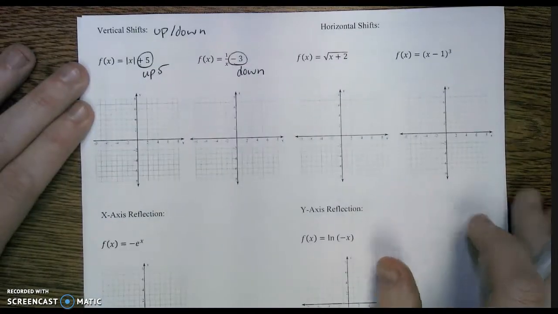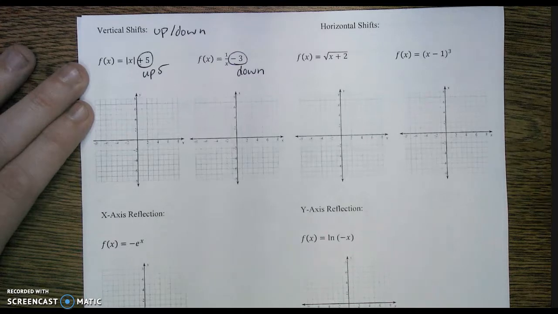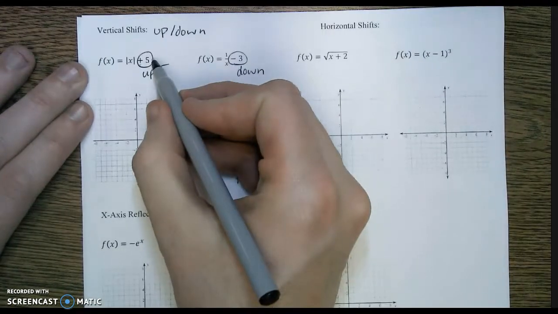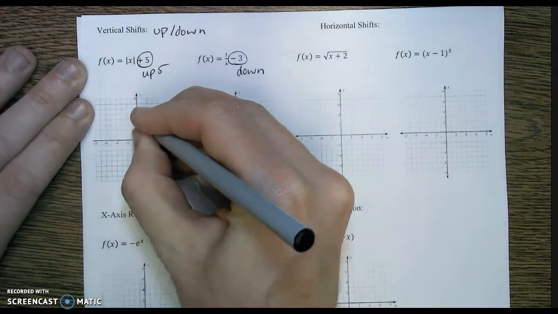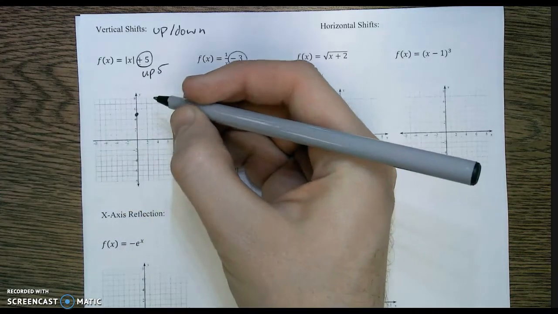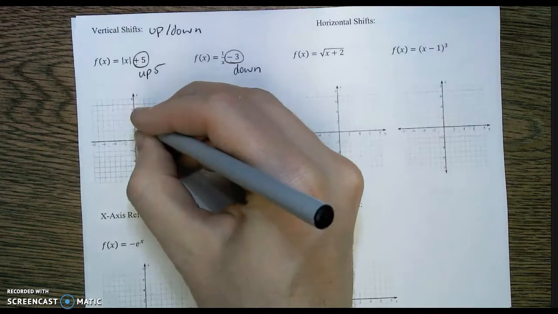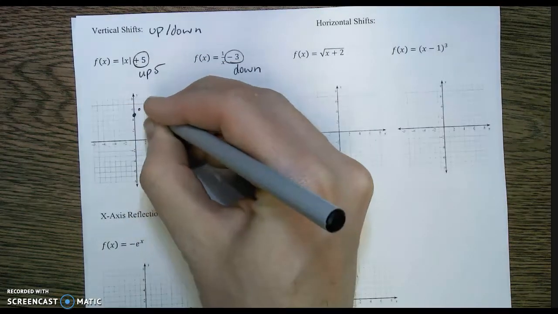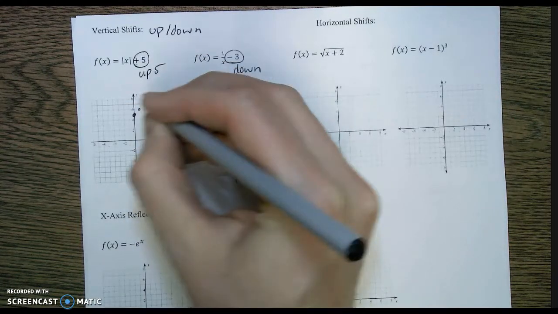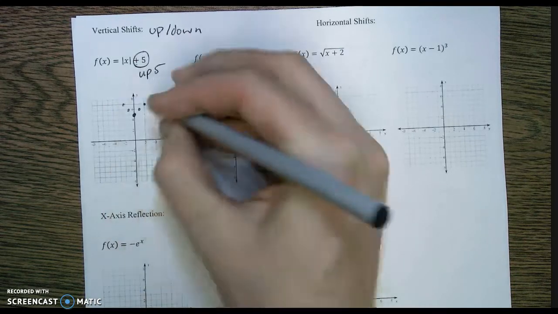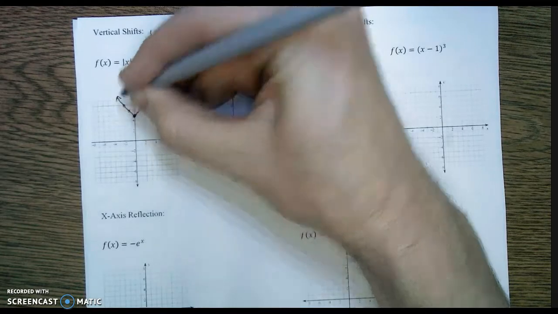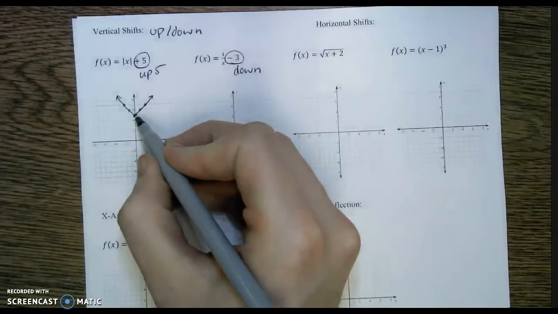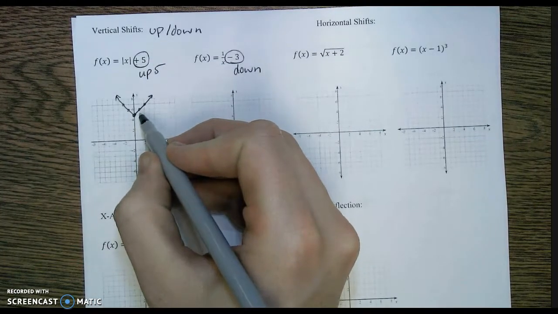And so we would take our absolute value graph, and we would start our vertex up 5. And then from there, I just think about what my absolute value graph does. It goes over 1, up 1, and then over 2, up 2, and we can just make our absolute value graph from there, shifted up 5. So it's as if the origin has shifted up 5, and then we do the graph as normal.